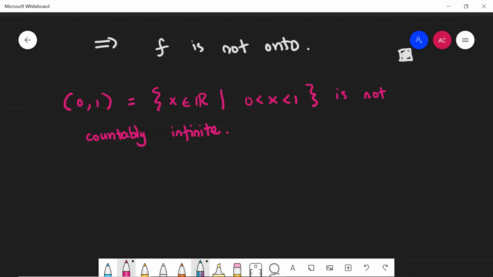Okay, so the fact that the open interval from 0 to 1 is not countably infinite leads us to a new definition.